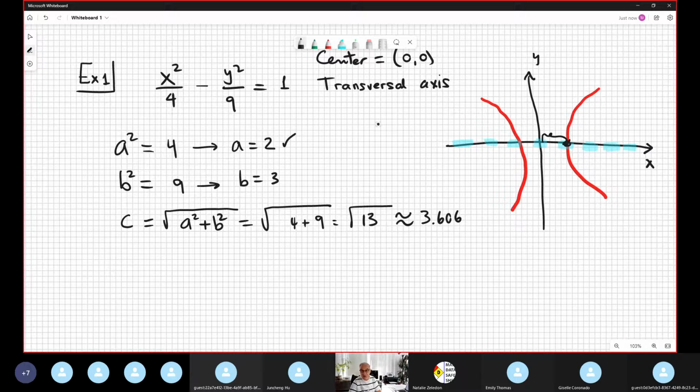This vertex is located at the point 2,0, and likewise in the other direction, negative 2,0. However, my reference rectangle is a rectangle like that. This distance is 2, but this distance is 3. This is the asymptote. This sketch is not good, very bad. Well, let me try to do my best.